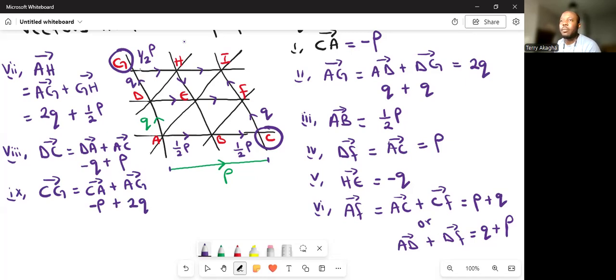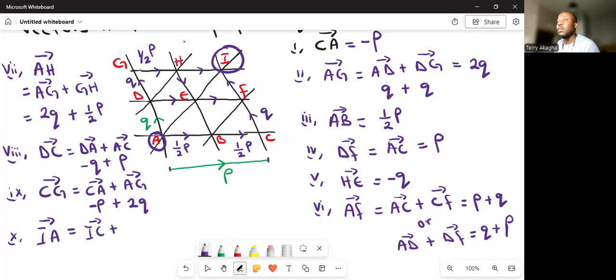Number 10, we're going to have IA. So we want to move from I to A. So we're going to clean this. We have I here and we have A here. You can either move from I to C, then C all the way to A, or you can move from I to G, then G to A. Anyone you prefer. What I'm going to do is go from I to C, all right?